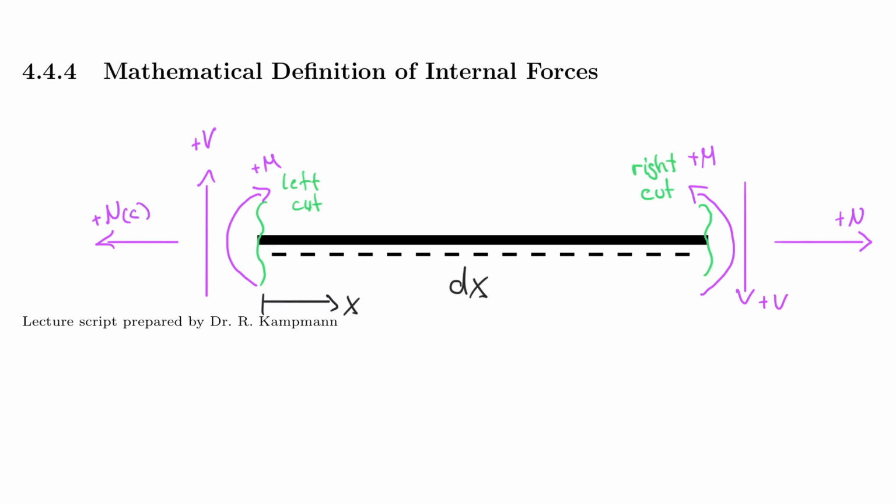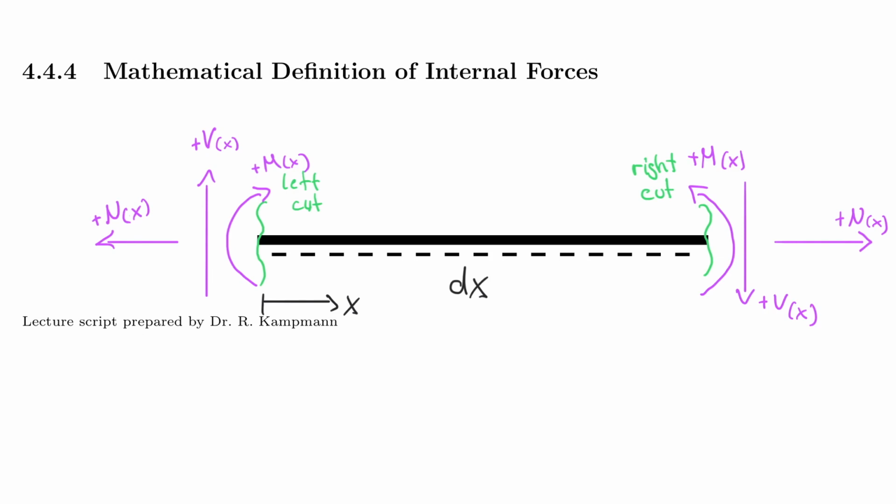Or sometimes, let me erase this here, sometimes you may say, hey, this is equal to x being 5 meters, for example. But really, the way we want to say this is we're going to say that it's just the normal force of x, the shear force of x, and the moment of x. And the same is true here on the other side, depending on which side you cut the system. So this is the shear force of x and the normal force of x.